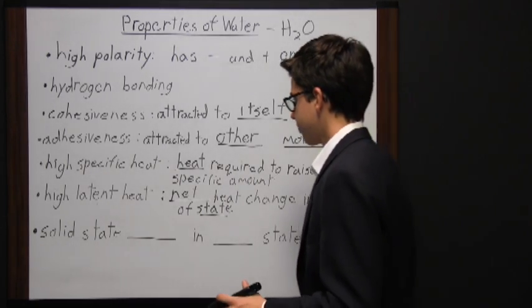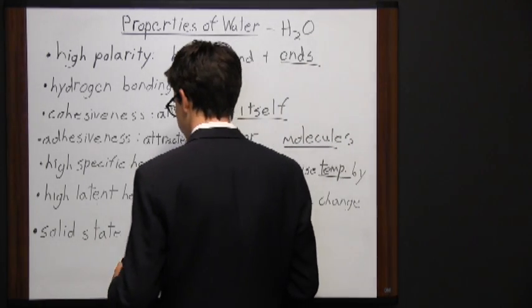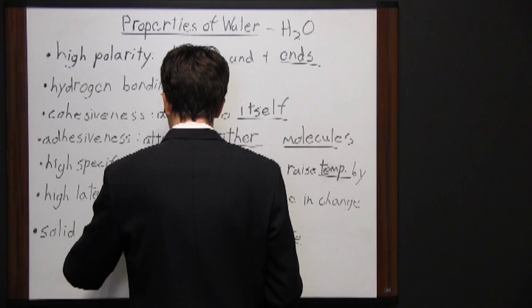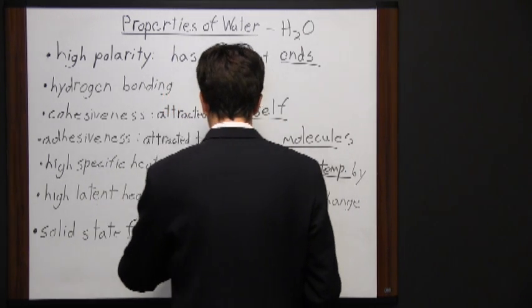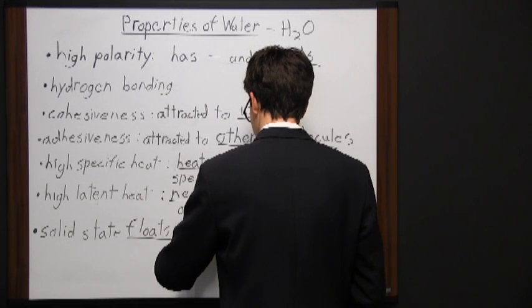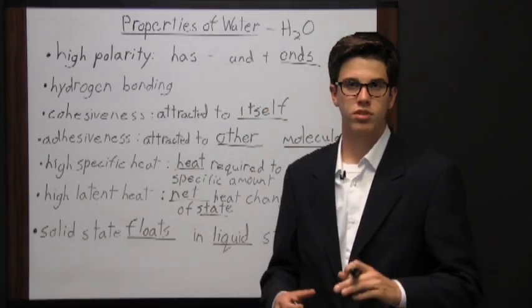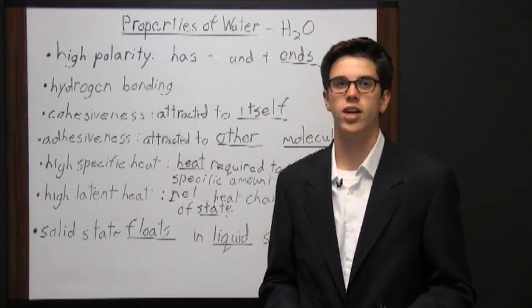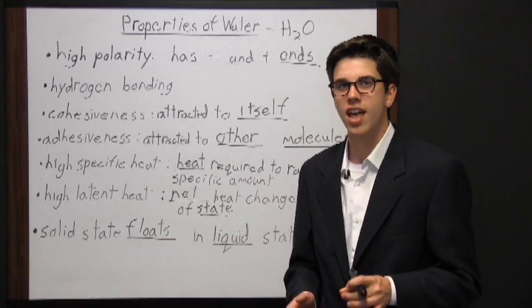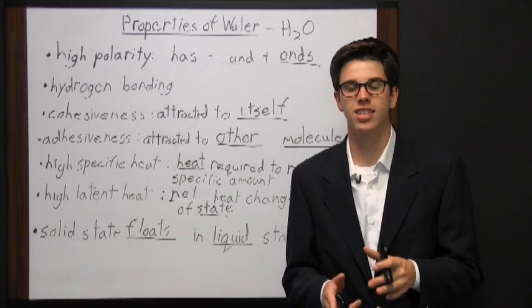Now, water in its solid form as ice floats in its liquid state of water. Now, this is pretty odd because many times substances are denser in their solid forms, but water is strange in that its solid state floats in its liquid state.